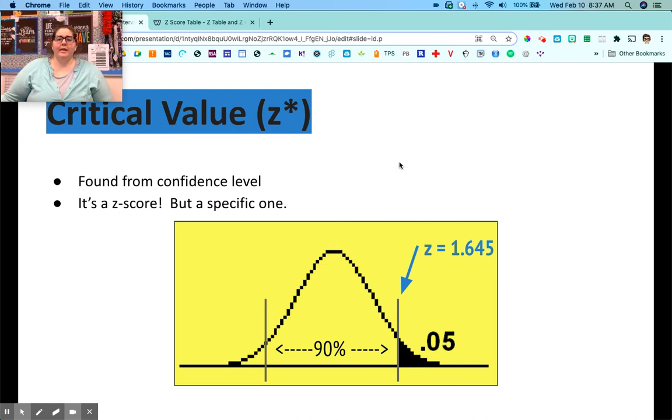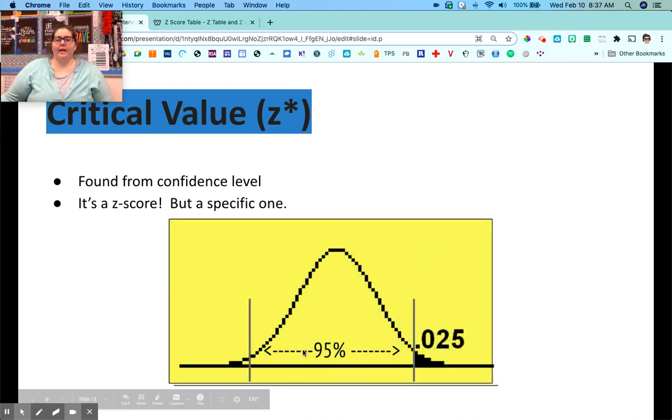Similarly, if I wanted to find 95% confidence, there's 95% in the middle. That's what that represents. To find that z-star, I know 95% is in the middle, which leaves 5% on the outsides. Split into two little tails gives me 0.025 or 2.5%.